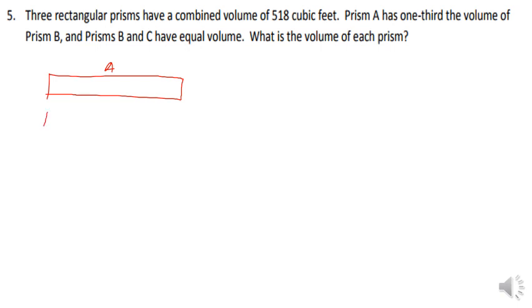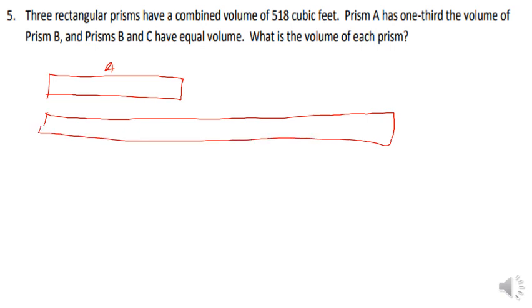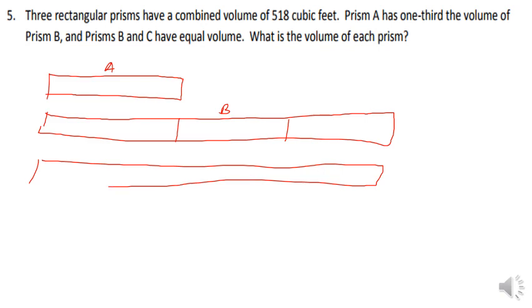And this here is prism A, and it says prism A is 1/3 of prism B. So I'm going to mark that one off in thirds. And this is prism B. And then you have prism C, which is the same size as prism B. So if you look, in all actuality, I have 7 equal sections here.